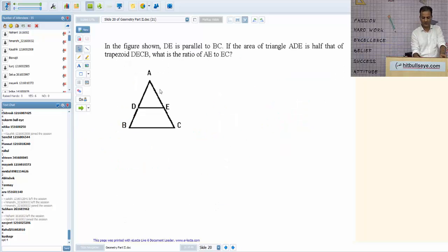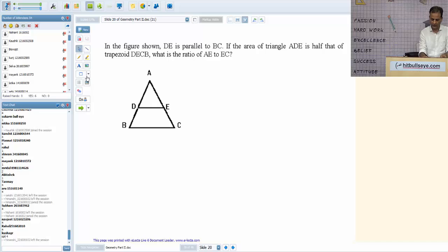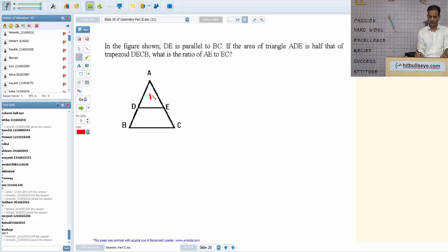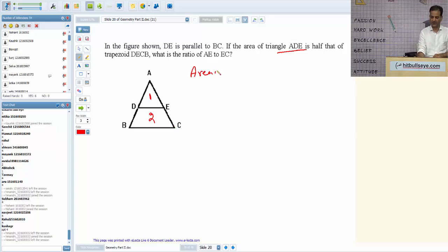If I take this area as 1 unit, then the area of the trapezium will be 2 units, because the area of triangle ADE is half that of trapezium DECB. Now apply area of triangle ADE over area of triangle ABC.